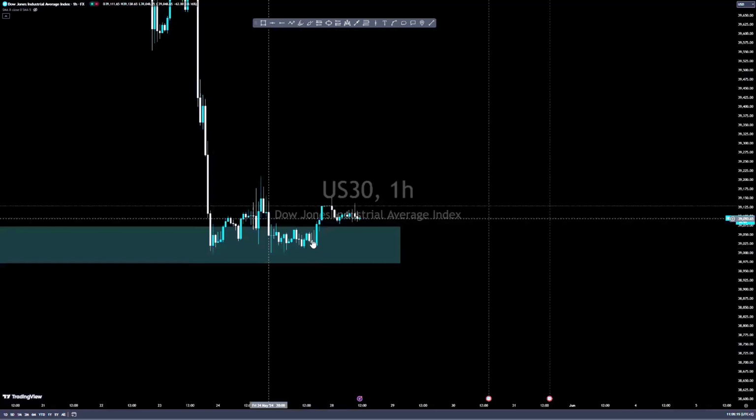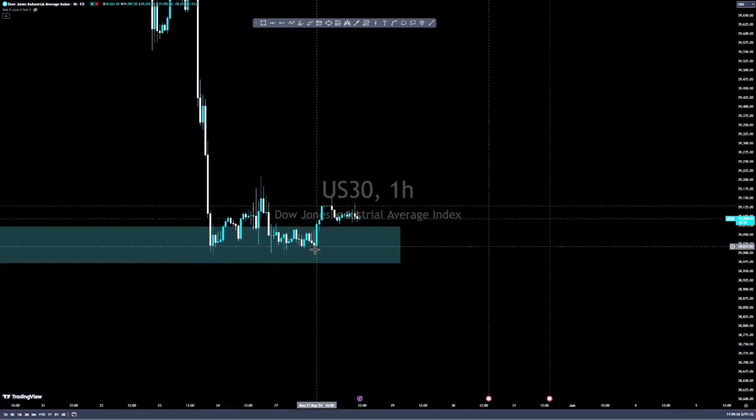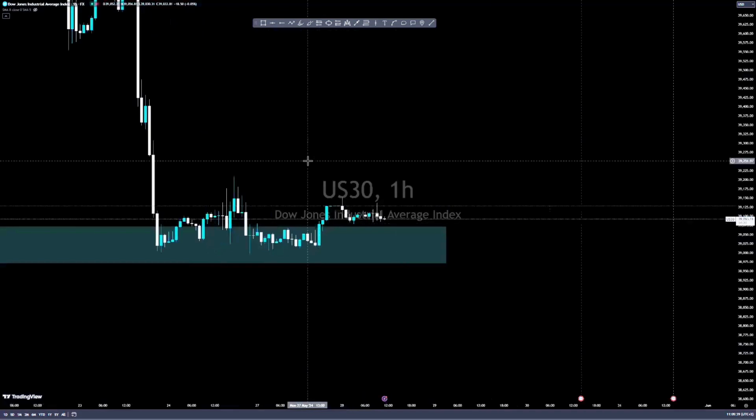You know, inverted hammers. If you check here, there's an inverted hammer, then it was engulfed by this buy candle. So it's a high possibility that price might continue to go up. But then let's come back to the 4-hour time frame.